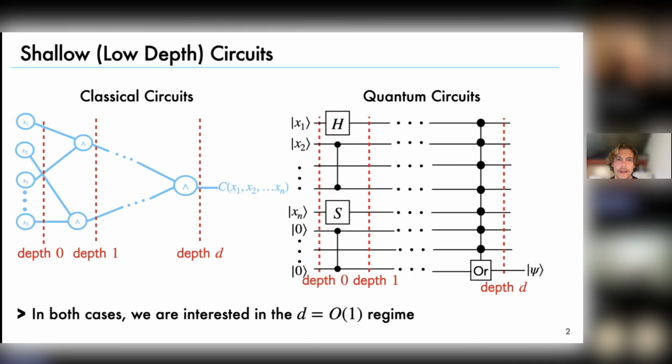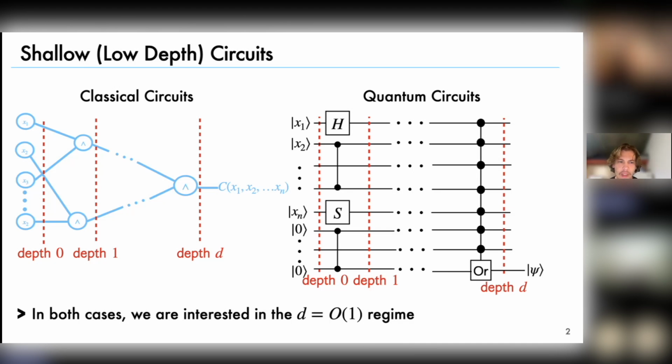The setting for everything I'm going to be talking about today is constant depth circuits. On the left, I have a classical circuit consisting of AND gates.